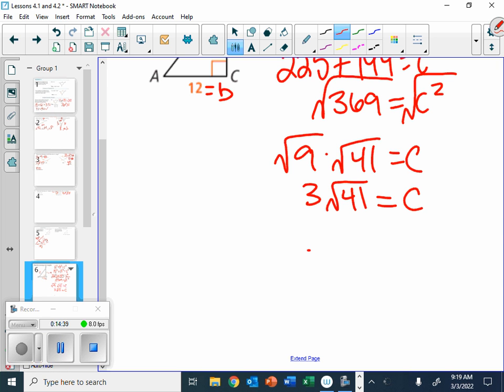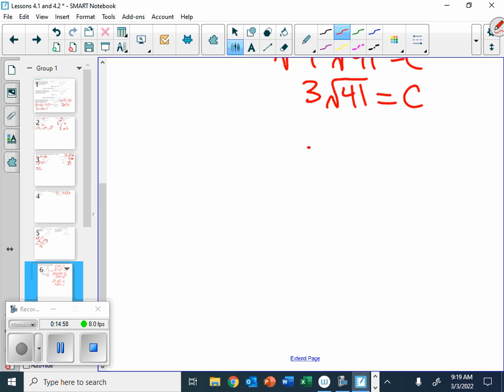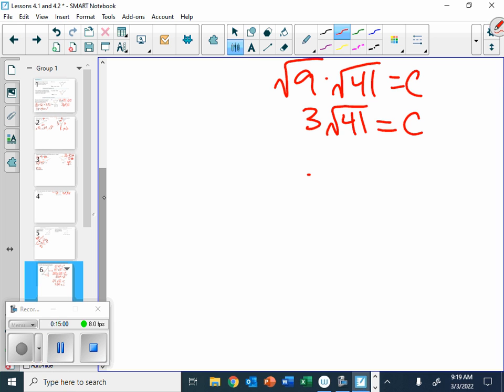Okay? If it asks for a decimal, you can type in your calculator 3 times the square root of 41, and then hit those arrows right above enter, and it should give it to you as a decimal. So go ahead and do that for me. Figure out what this is as a decimal, and round it to 2 decimal places, please.